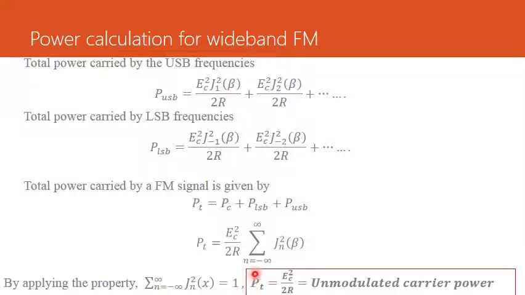In case of wideband FM, this Ec square by 2R represents the carrier power PC. So in case of FM, the total transmitted power is equal to the carrier power, which is a constant value.